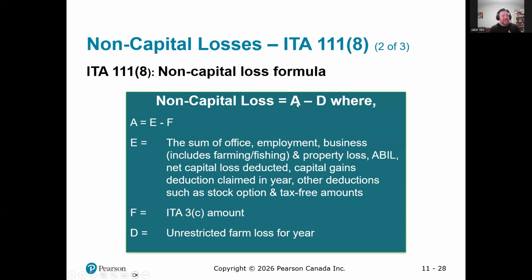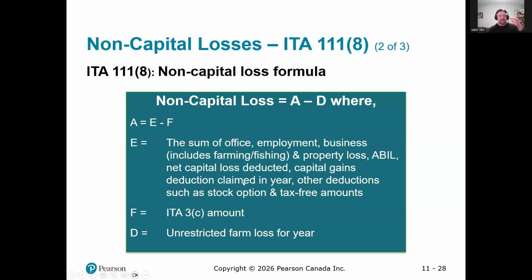It's simply A minus D, but A is made up of E minus F. E is the sum of office, employment, business, and property losses. Now, business includes all types, whether farming or fishing. It also includes ABILs, net capital loss deducted, capital gains deduction claimed in year, and other deduction amounts.